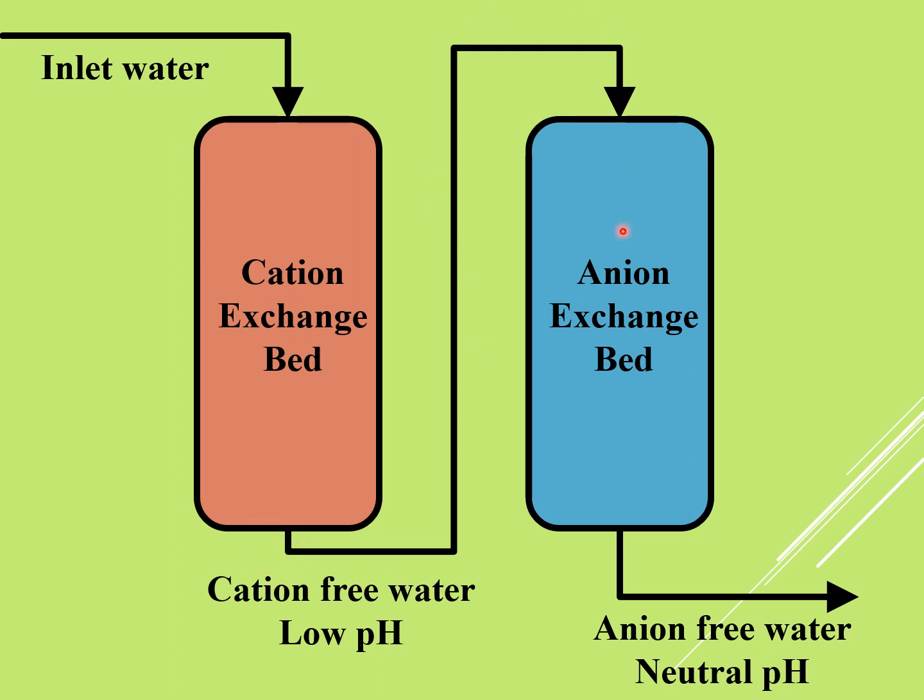Then it goes into the anion exchange resin. All anions get absorbed. Instead of that, OH minus ions come into water, and finally what comes out is pure H2O, neutral pH, pure H2O. This is the working of the polymeric ion exchange process.